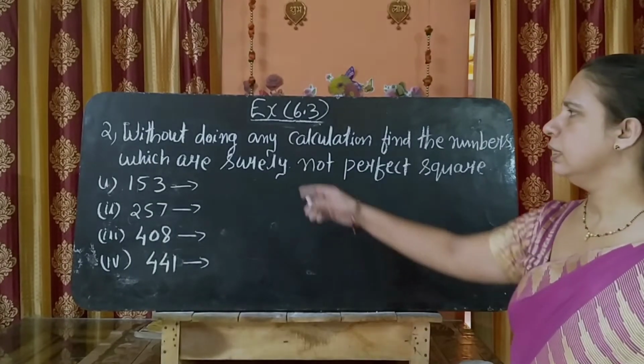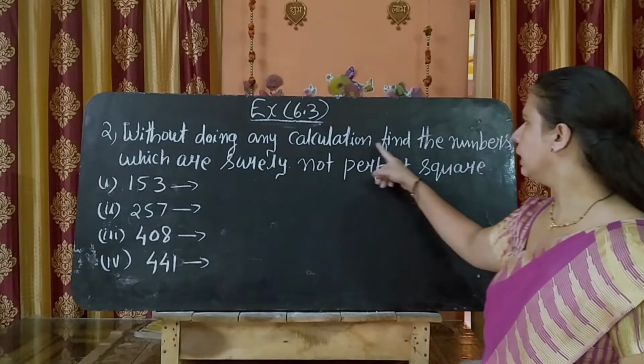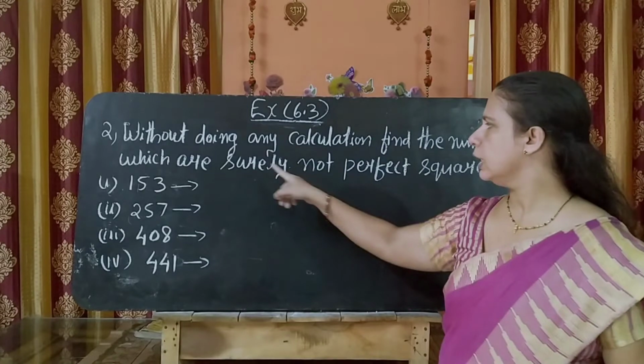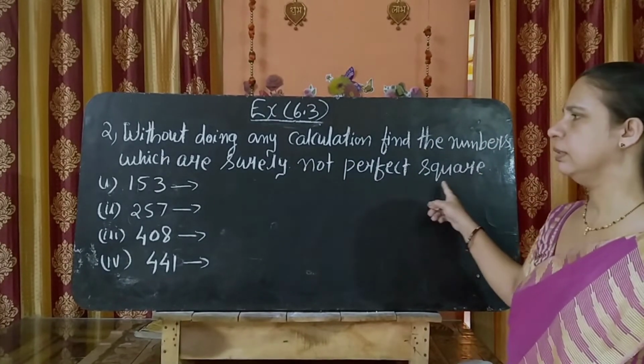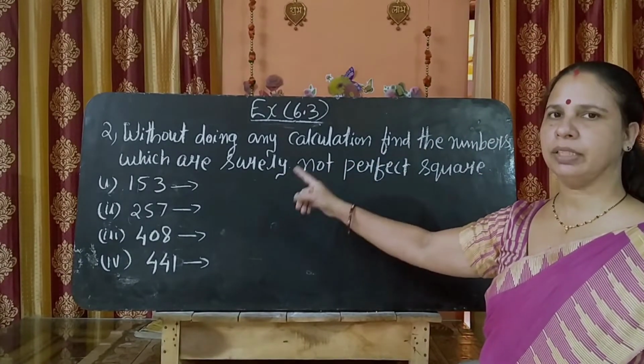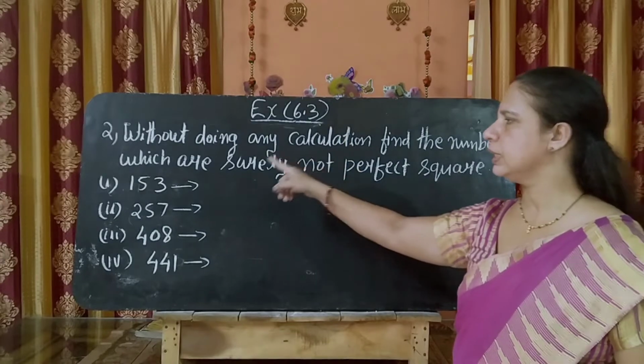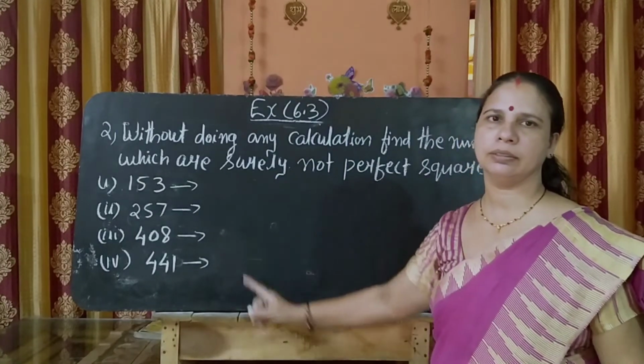Second question is, without doing any calculation, find the numbers which are surely not perfect squares. From these numbers, we have to find out which are not perfect squares.